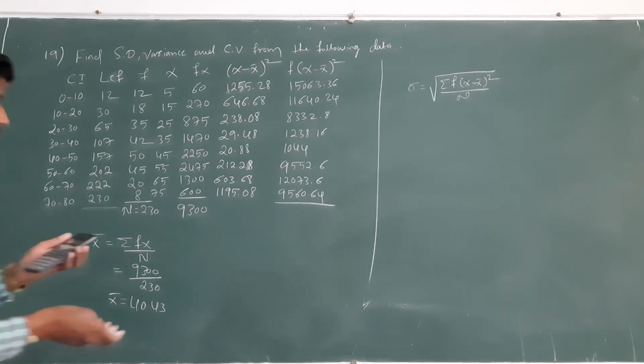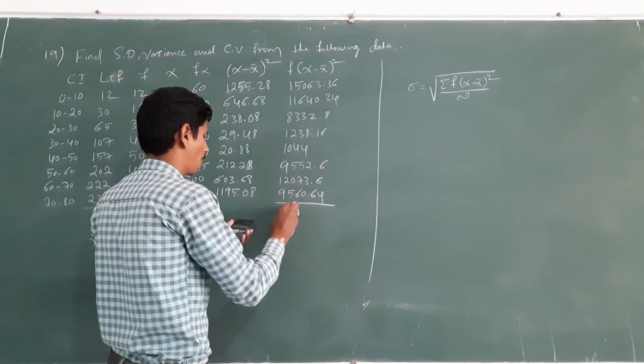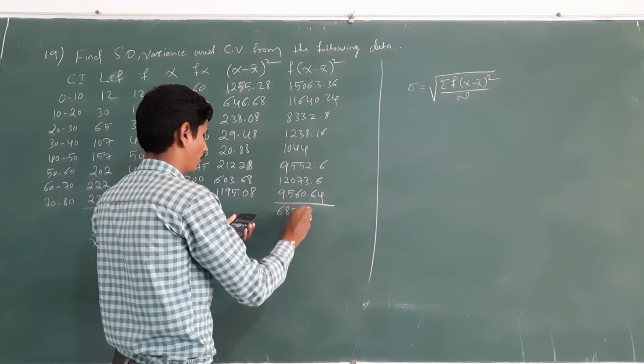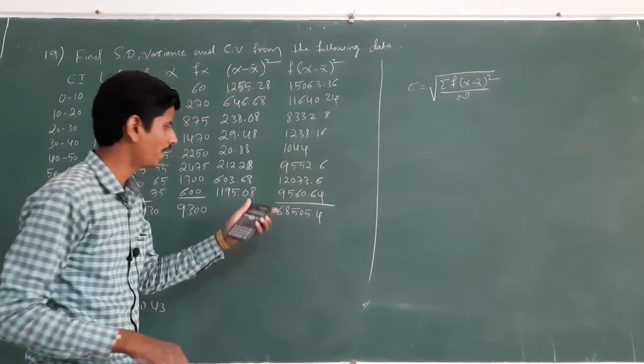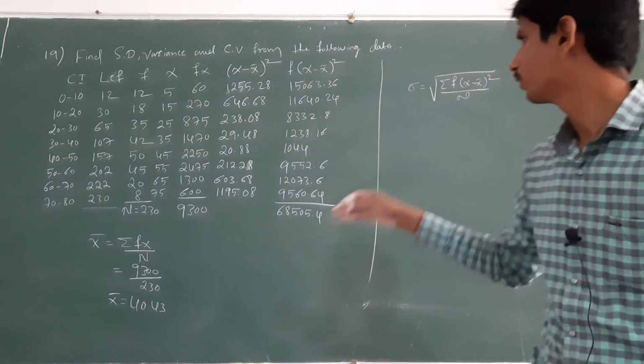Then we get 68,505.4. Then substitute the values.